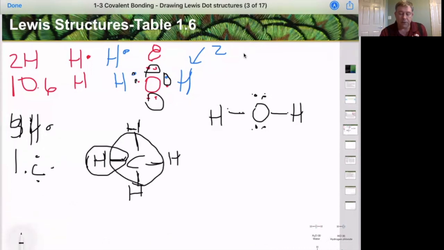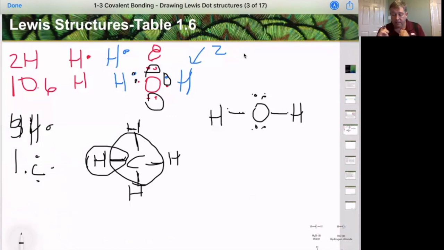Carbon is able to share those 8 electrons, and therefore it has a complete outer shell. So what's important to note here is that we have 4 bonds to carbon, bonded to 4 different hydrogens, but there are no lone pairs because all 4 of its valence electrons are being shared with the 4 bonds to hydrogen.